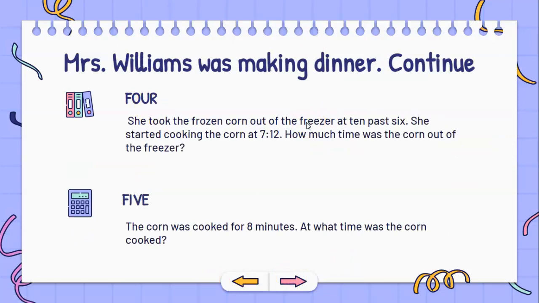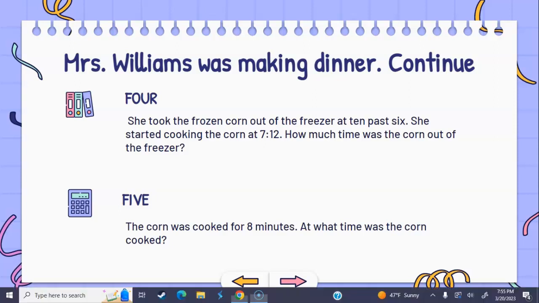We also know that she took the frozen corn out of the freezer at 6:10, so we want to highlight this 6:10. She started cooking the corn at 7:12. How much time was the corn out of the freezer? So 6:10 is going to be written like this, and we want to get to 7:10.